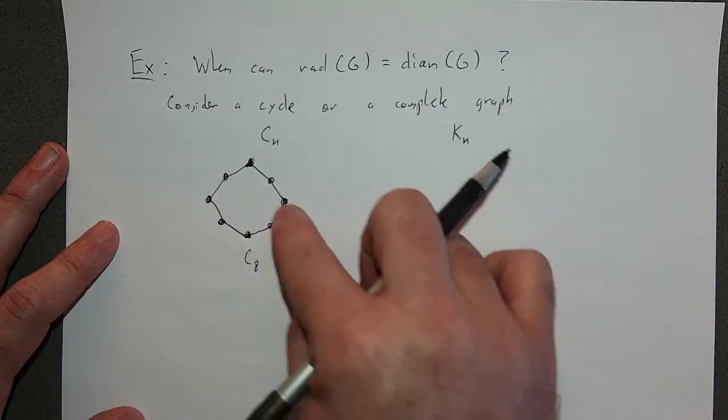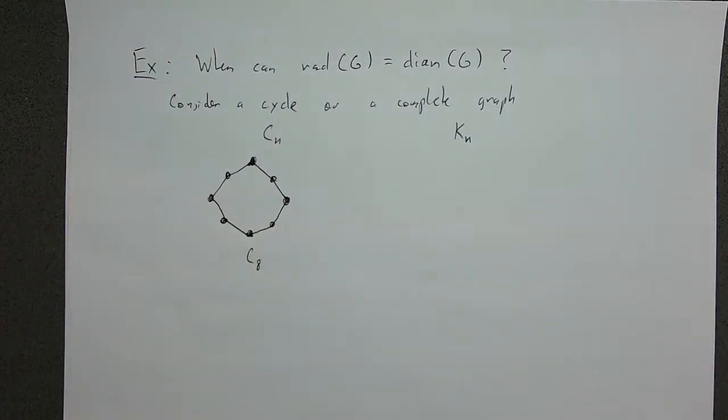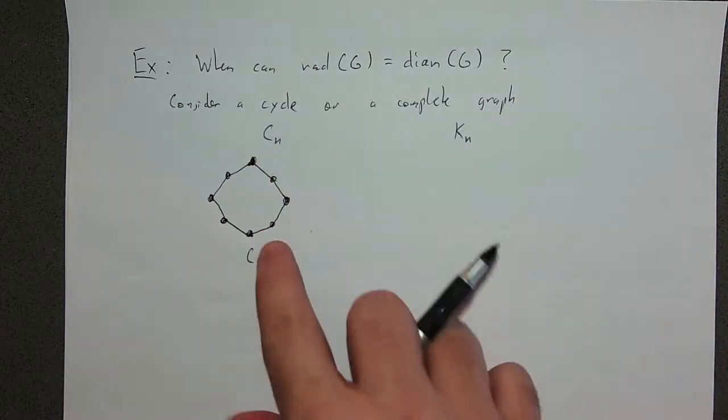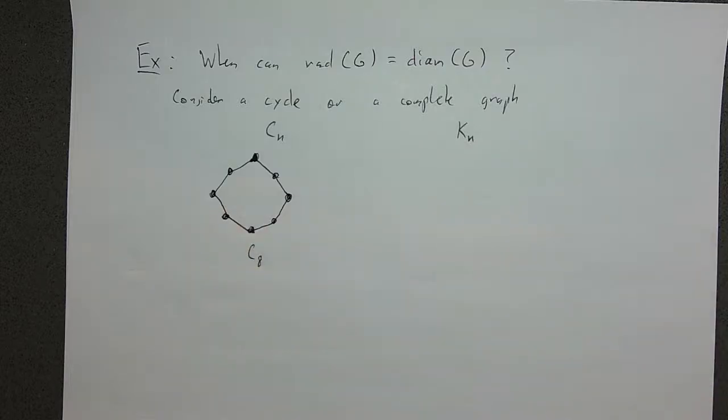But each of these is going to have this same eccentricity, right? 4 is the furthest away vertex for this one. Each of these is going to have that same issue, right? Each of these is going to behave in exactly the same way.